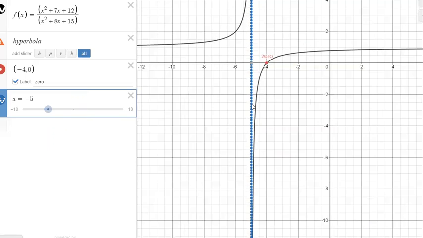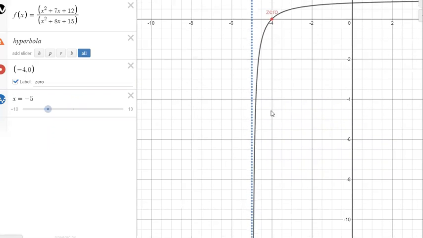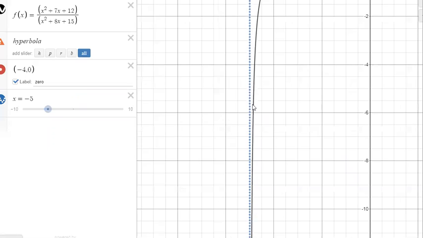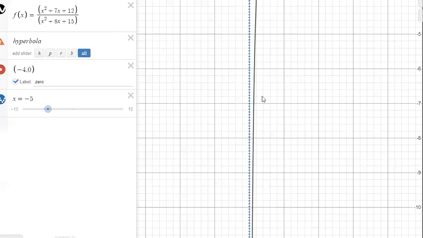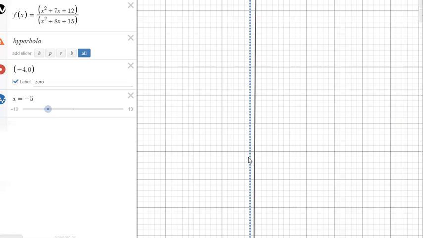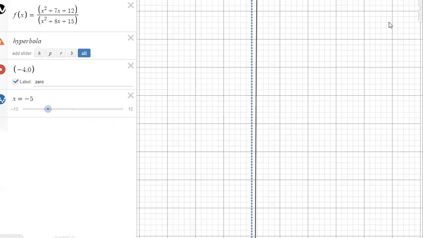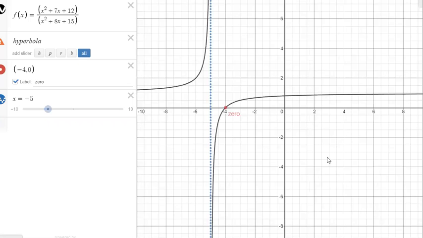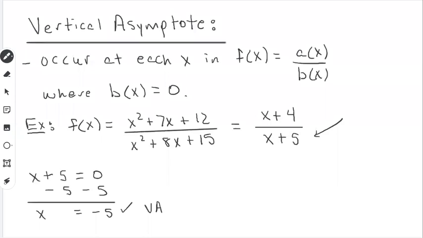So even if we zoom in and keep moving down and zooming in, we notice that the black line never crosses the blue dotted line. So that's how vertical asymptotes really work. They're these lines that the graph never crosses. Okay? That is vertical asymptotes. You just set the bottom equal to 0 and you solve for x.